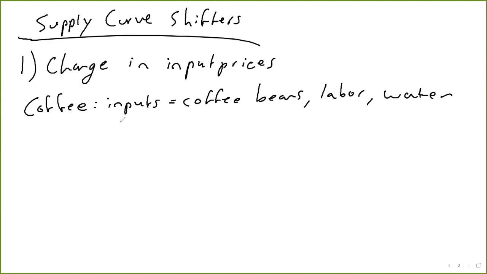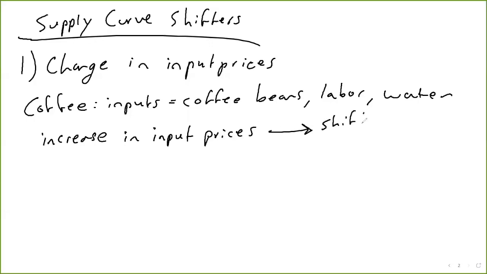In general, inputs are the things you need to produce the output. So an increase in input prices is going to shift supply to the left, or decrease supply.